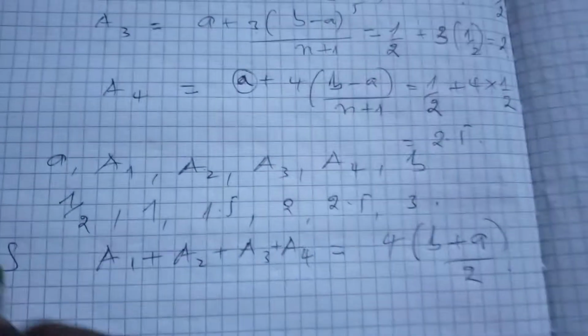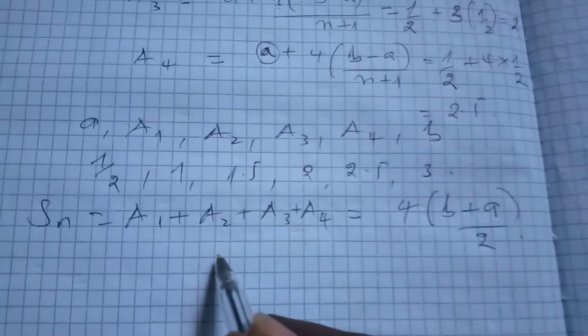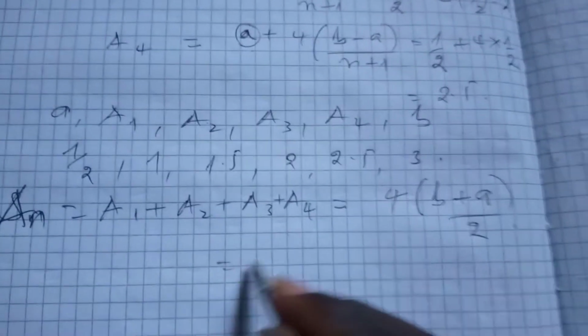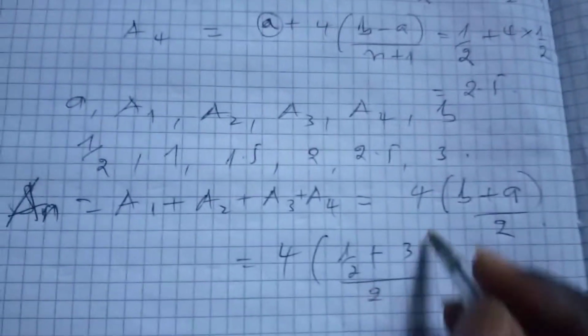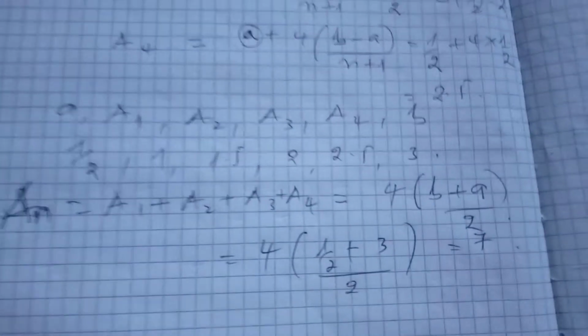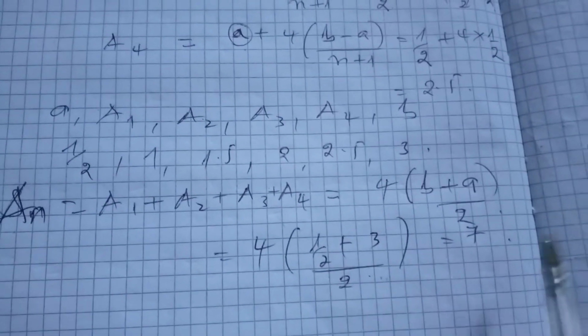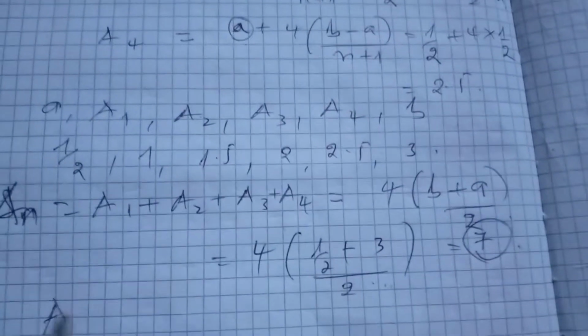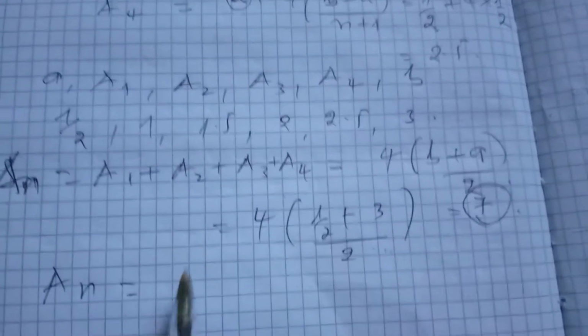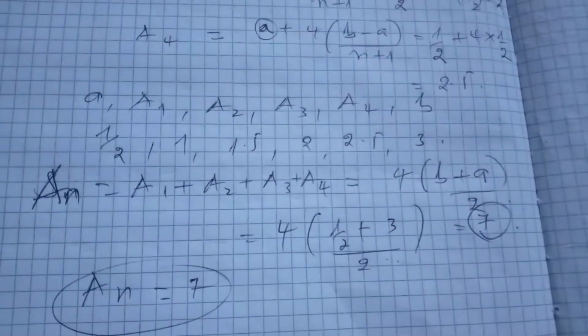This is the summation of the A's. So the sum will be equal to 4 times (1/2 plus 3) over 2. This will be equal to 7. So this is the sum of AN, or the summation of AN. This will be equal to 7. So this is the solution of our question.